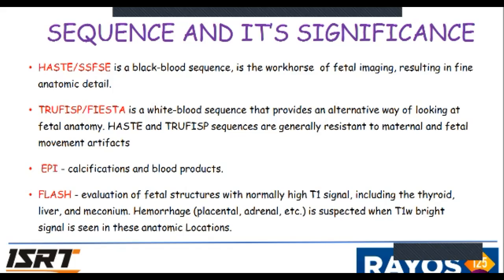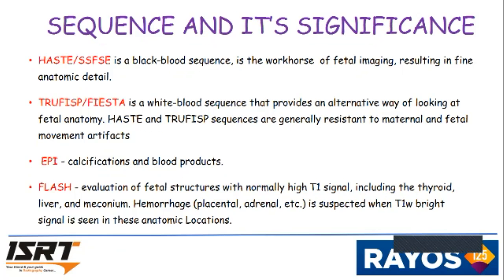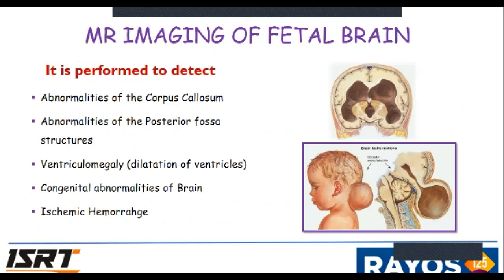These two sequences are resistant to maternal and fetal movement artifact, whereas the EPI is mainly for calcifications to see the blood products. FLASH is used for evaluation of fetal structures with a high T1 signal, including thyroid, liver, and meconium. And hemorrhage is suspected when a T1 weighted bright signal is seen in this anatomical location.